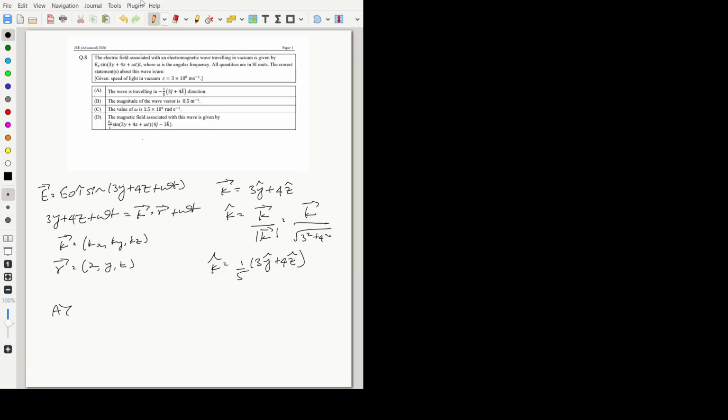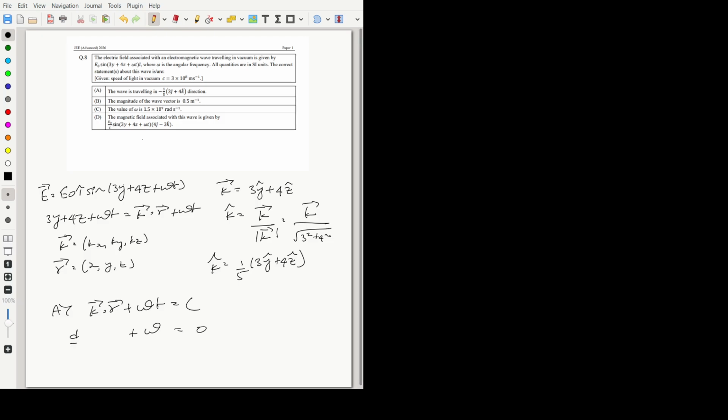We know that the phase is constant, some constant c. Now I'll just take the time derivative on both sides. When I do that, this becomes 0, and this is omega.